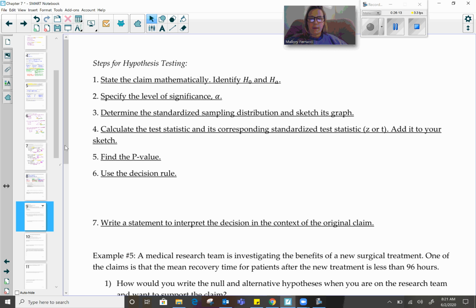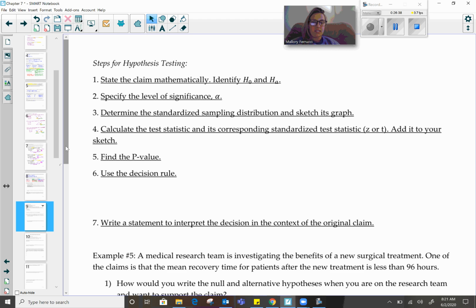Now I typed out the steps for you guys. There is something that we do have to write in, so just be patient as I go through this. For the steps for hypothesis testing, always start by identifying the null and the alternative hypothesis.